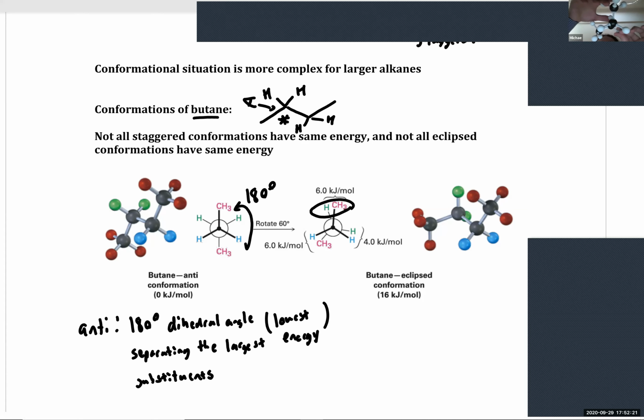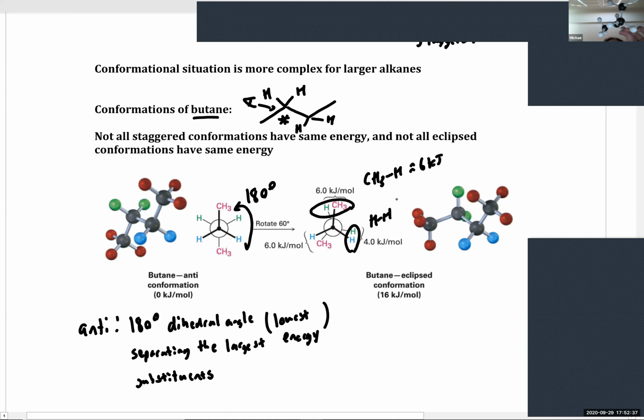The methyl takes up space and can engage in torsional strain with our hydrogen. So this costs us about 6 kilojoules per mole. We have a hydrogen-hydrogen eclipsing interaction, which is 4 kilojoules, and a methyl hydrogen, which is about 6 kilojoules.